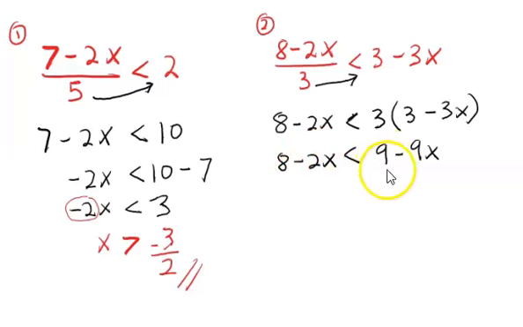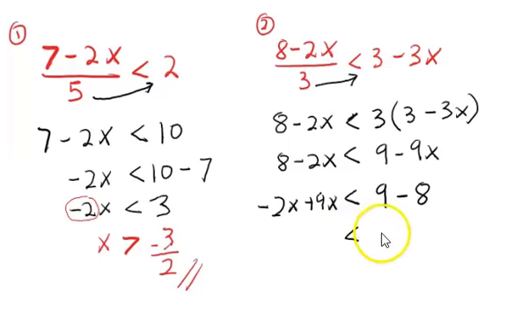Then we gather the x and the numbers. So now we have there 9 minus 8. Then we have negative 2x plus 9x.